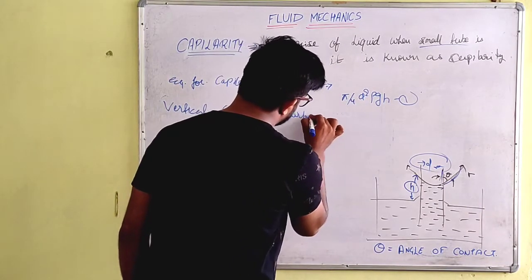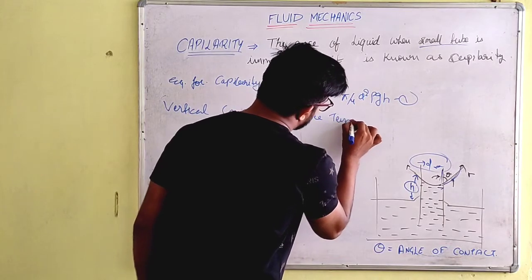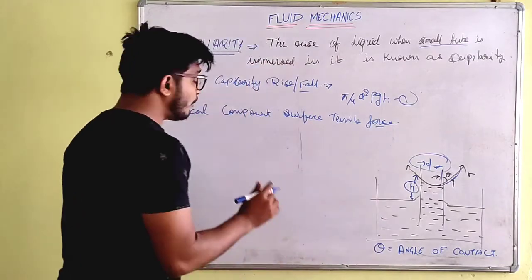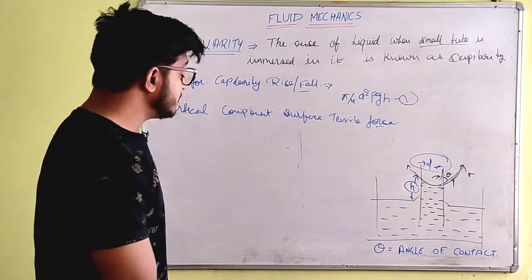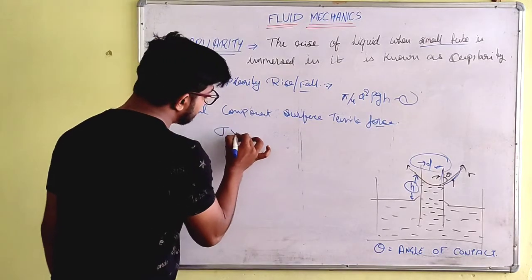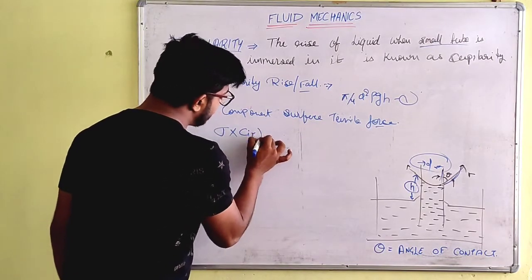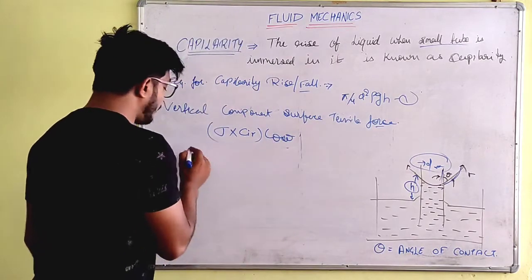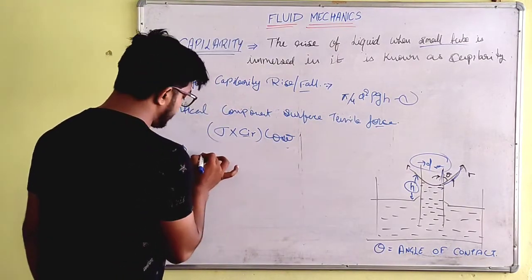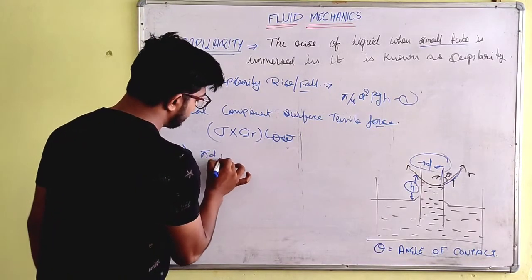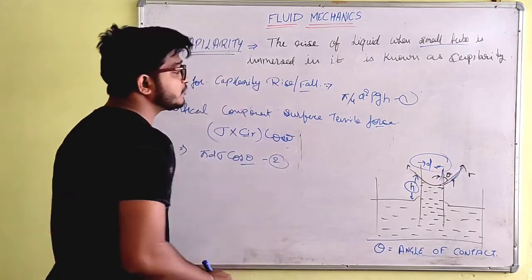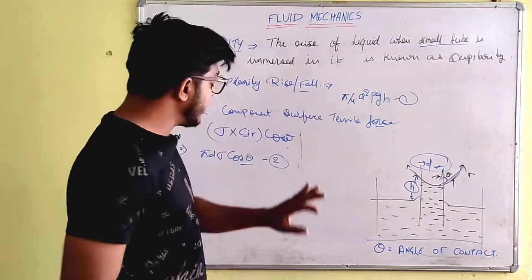It will act on the surface, so it is sigma into circumference into cos theta. The circumference is pi d, so it is sigma pi d cos theta. This is equation number 2. So we have equation number 1 and equation number 2.